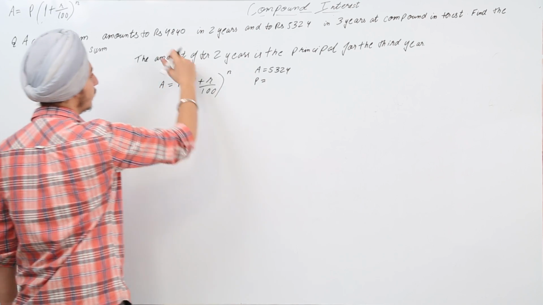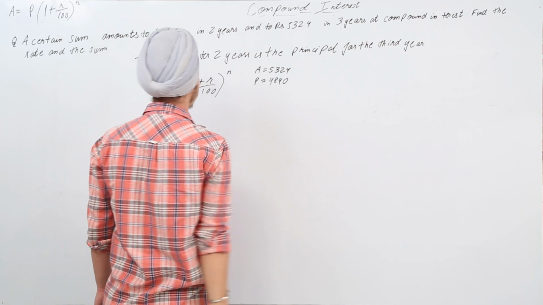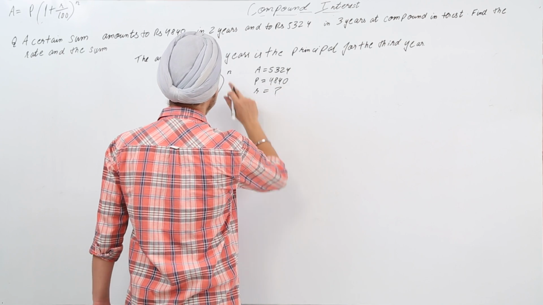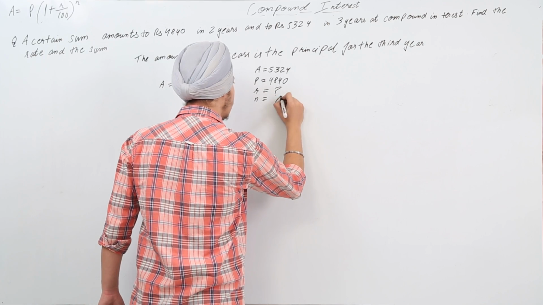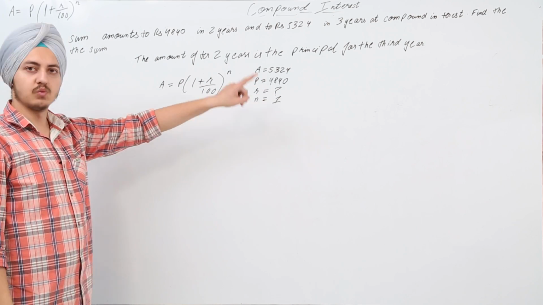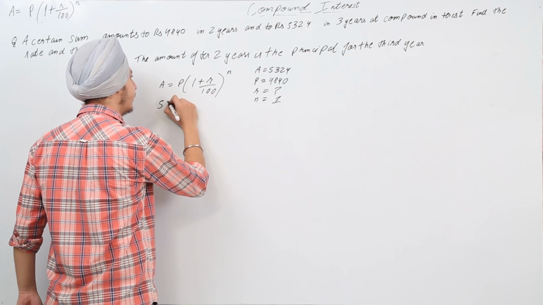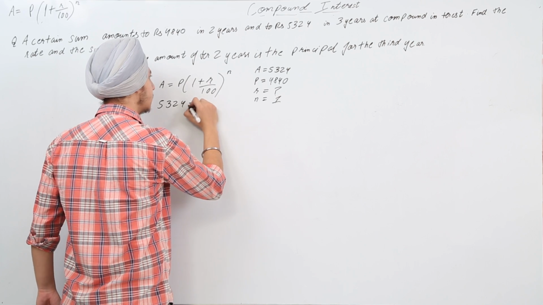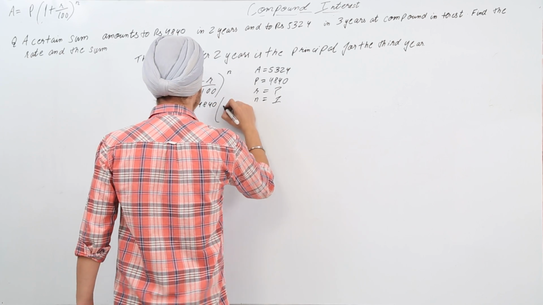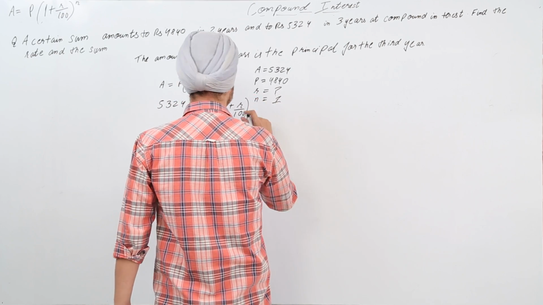So we have principal equal to 4840. Rate of interest we have to calculate, and n is equal to 1 because the period is 1 year, that is only the third year. So we have 5324 is equal to 4840 into 1 plus r by 100 raised to power 1.